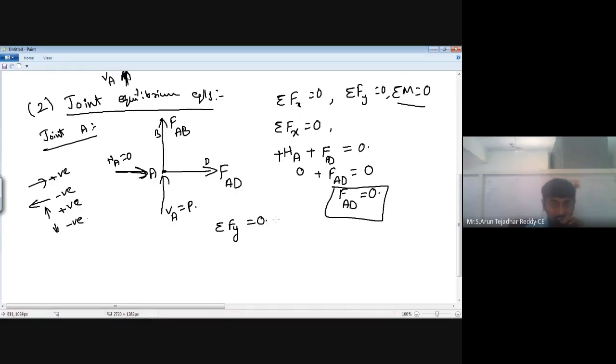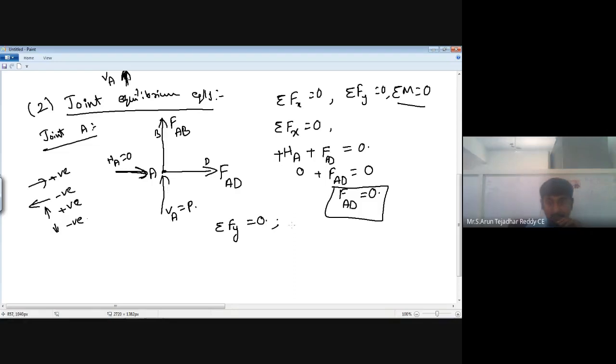It means all vertical forces. Once observe in this diagram how many vertical forces are acting here. That is two vertical forces. One is VA, a vertical force. Next, FAB is another vertical force. And check the directions. Two forces are in the upward direction. Upward direction means take positive.